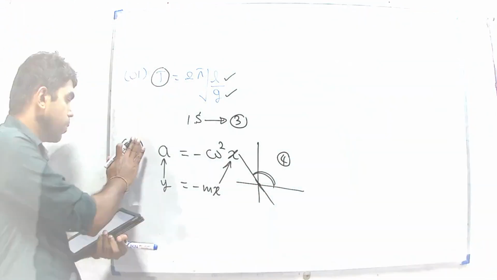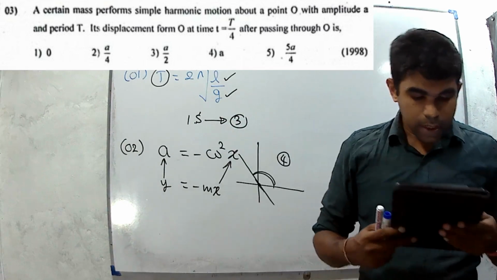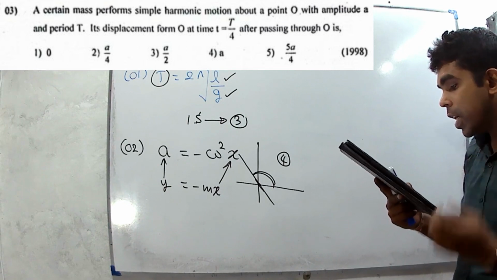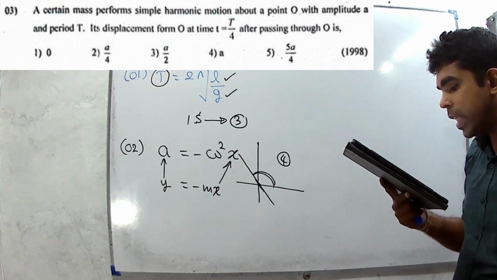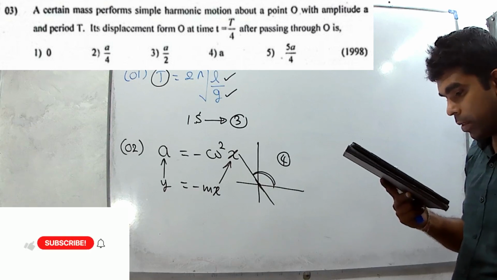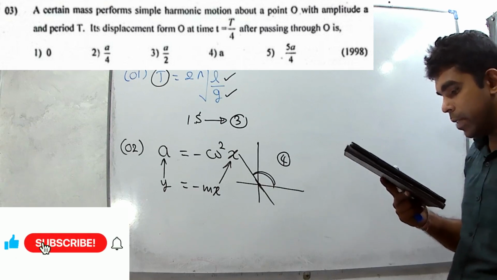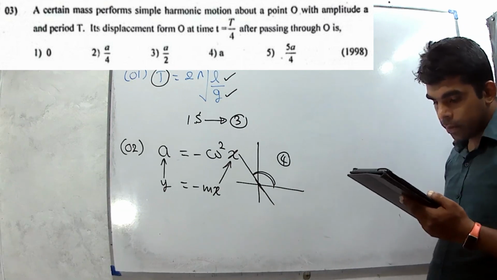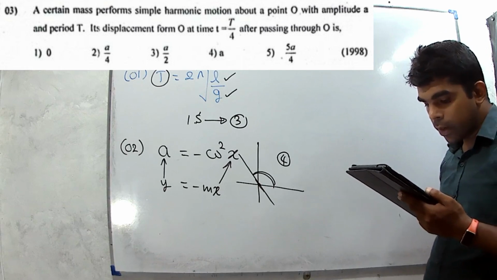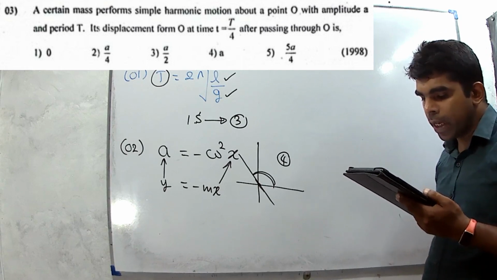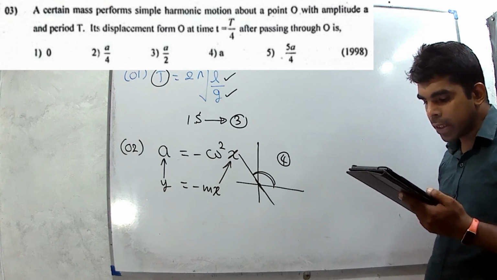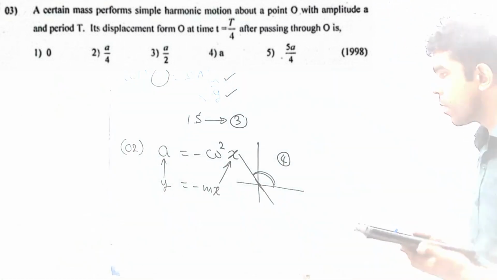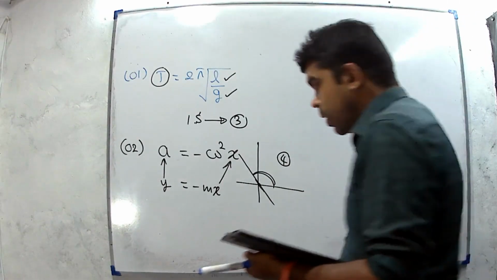Third question. A certain mass performs simple harmonic motion about a point O with amplitude A and period T. Its displacement from O at time t equals T over 4 after passing through the origin is... It is easy to decide.